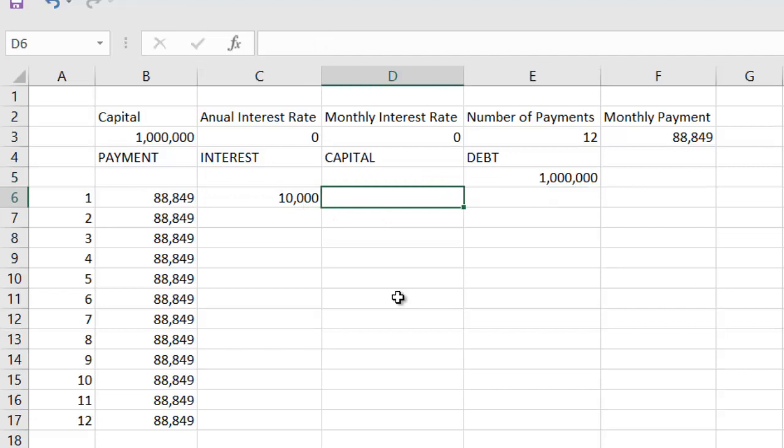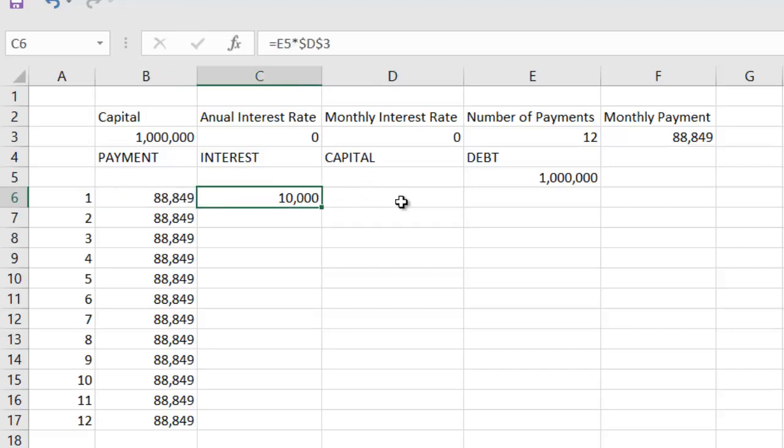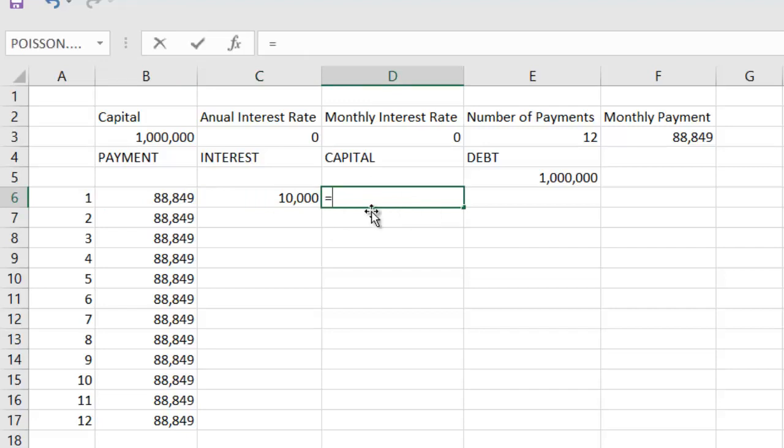Now the capital will be from the payment. I subtract the interest, and I'm going to get whatever I'm adding to the capital. So this would be this minus the interest, and I'll get 78,849.